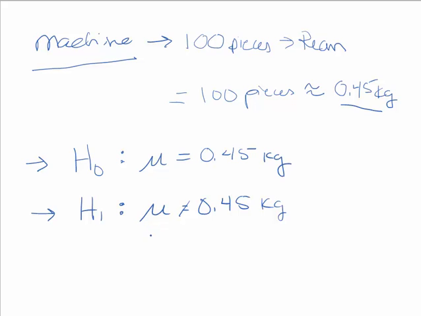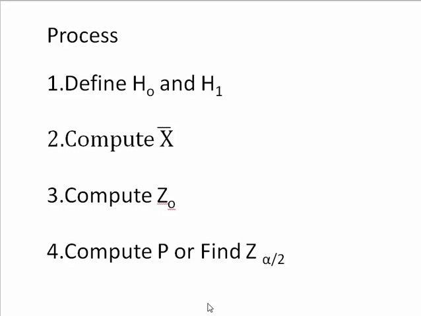So in order to do this, we have a process to follow. The process for conducting our hypothesis test is first to define the null hypothesis, H0, and the alternative hypothesis, H1. And we've already done that.